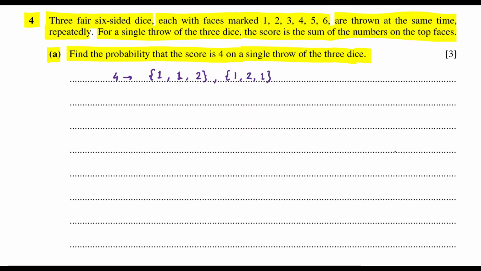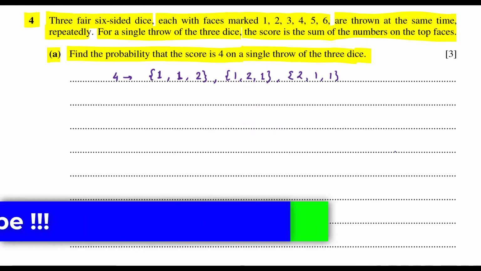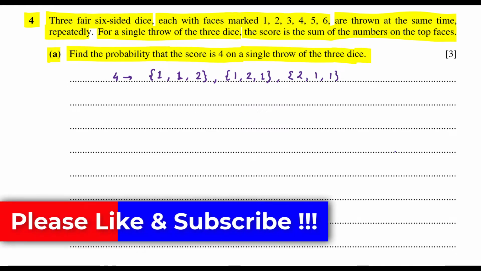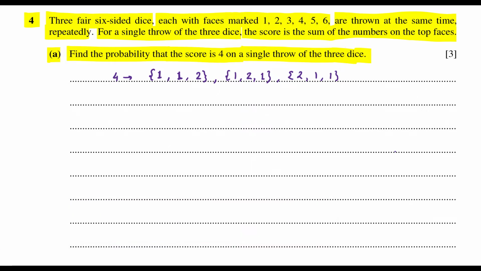Another can be 2 here, 1 here, 1 here. Any other combination will not be possible to get 4. So only 1, 1, 2 in some order will give the score 4.